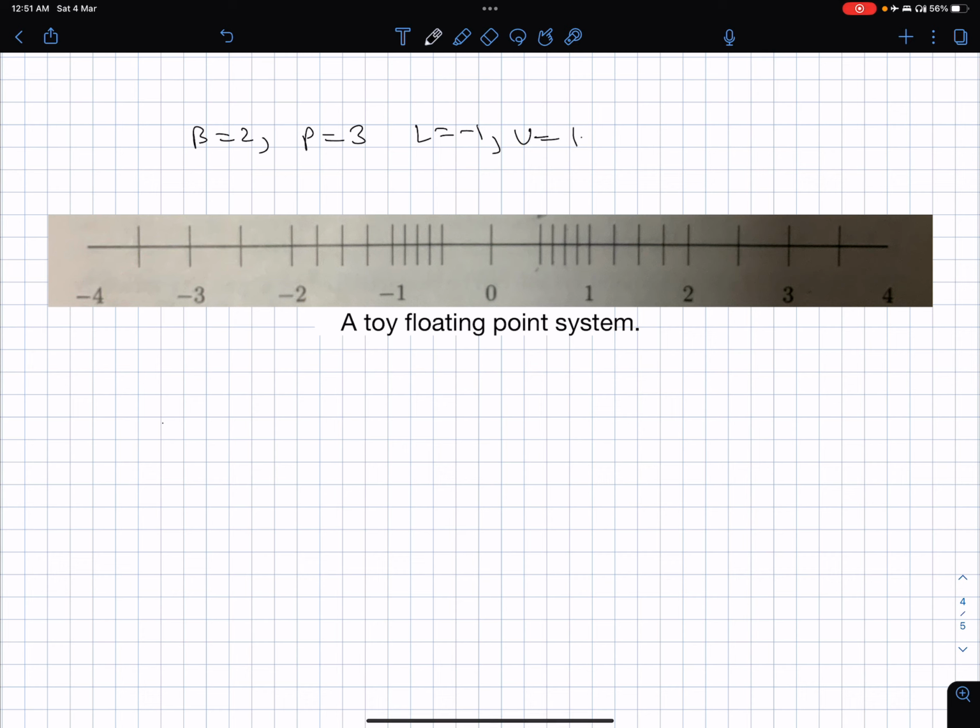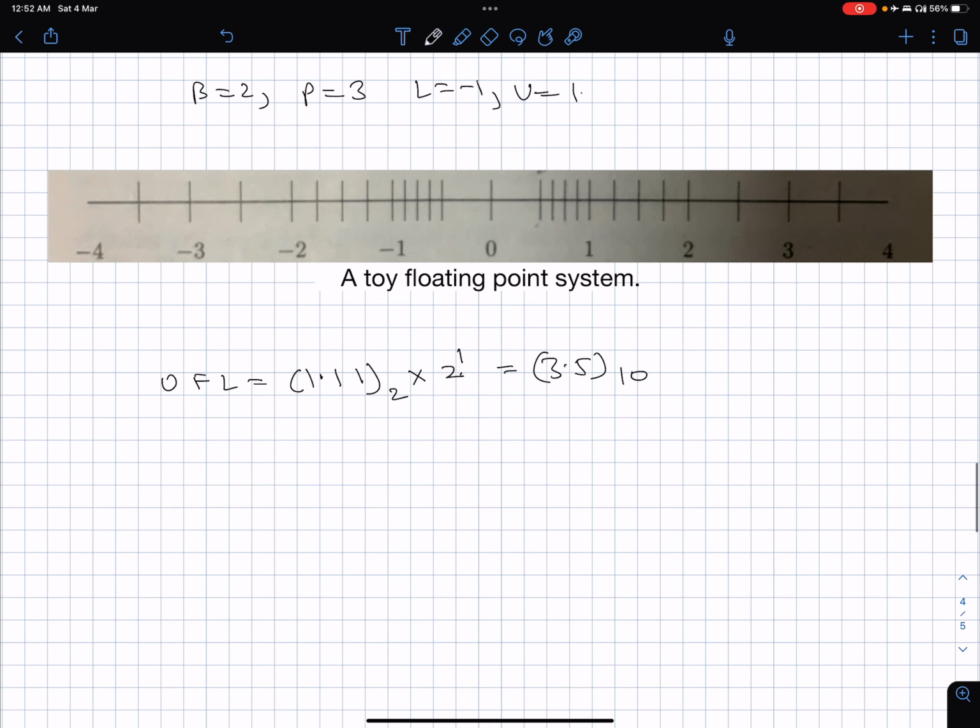So if you look at its OFL, the largest possible number is with a 3-bit precision D0, D1, D2, so 1.11 base 2, and the upper limit U is 1, so times 2 to the power 1. This is nothing but 3.5 on the scale of 10.